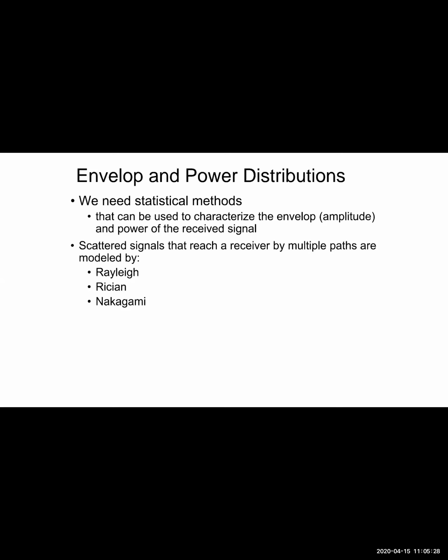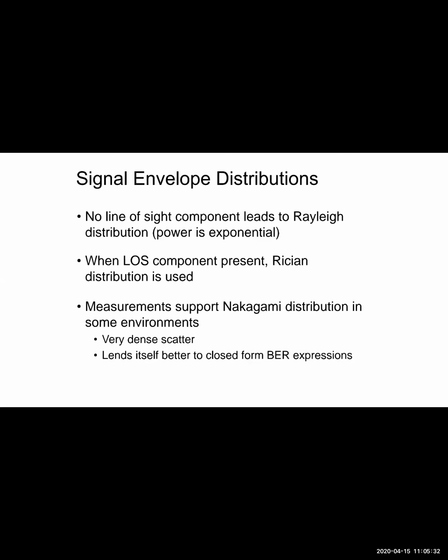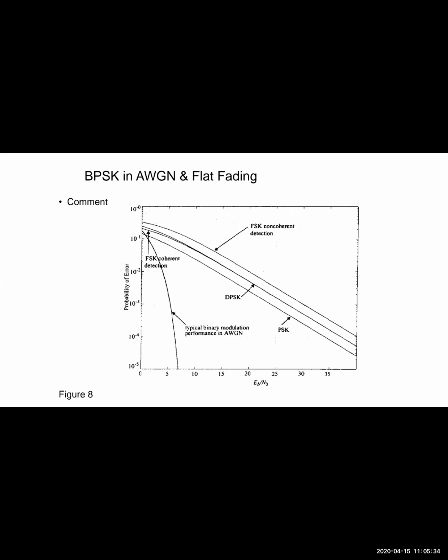And then the analysis, in an undergraduate course, we can't do it. So all we need to do is look at the graphs. If you look at figure 8, in a flat fading environment, for PSK, DPSK, and FSK, can you describe the variation of that graph with respect to Eb/N0, the signal energy per bit?